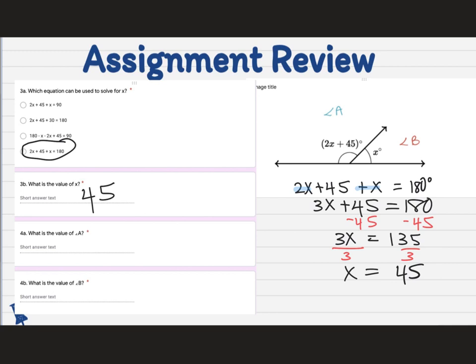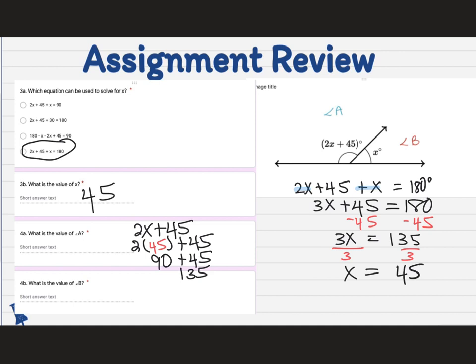Okay, next we need to find angle A. So angle A says it is 2x plus 45. So that means that I'm going to replace the x with 45 because we got that x is equal to 45. So that would leave me with 2 times 45 plus 45. 2 times 45 is 90, plus 45 is going to give us 135.